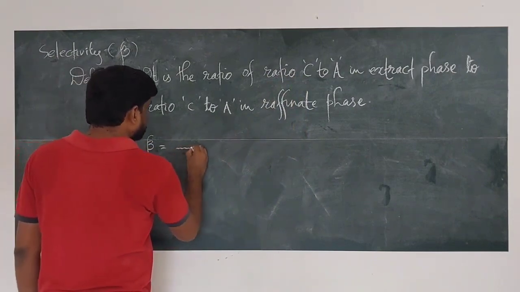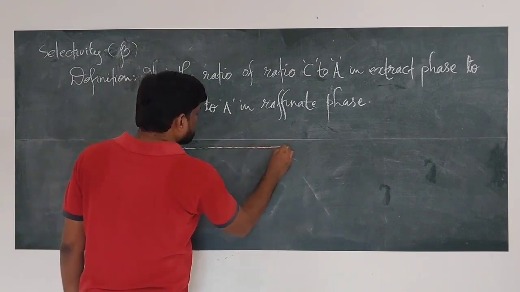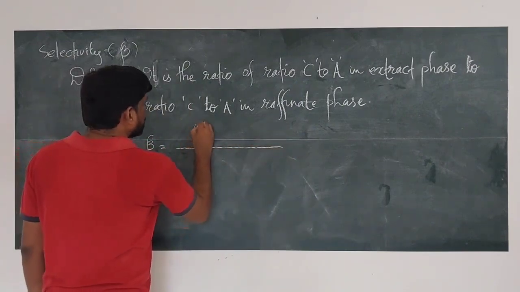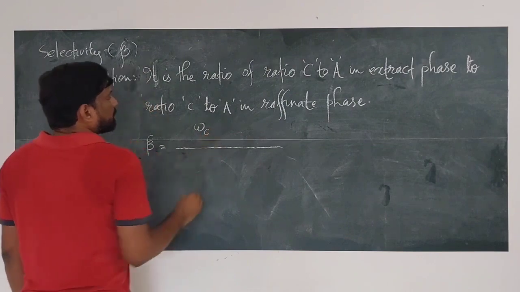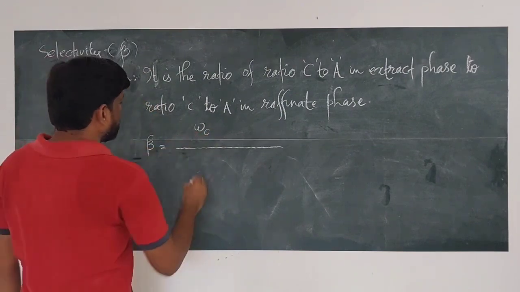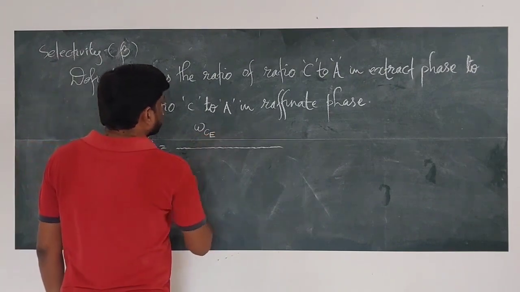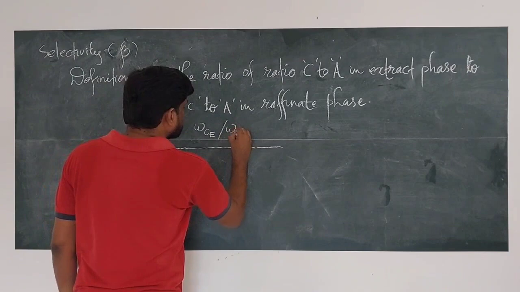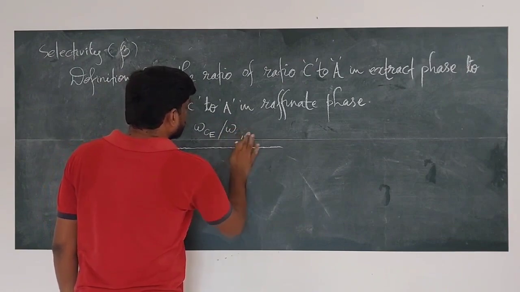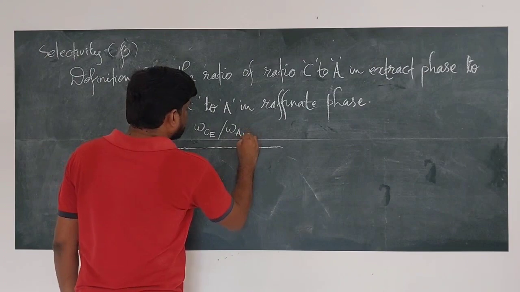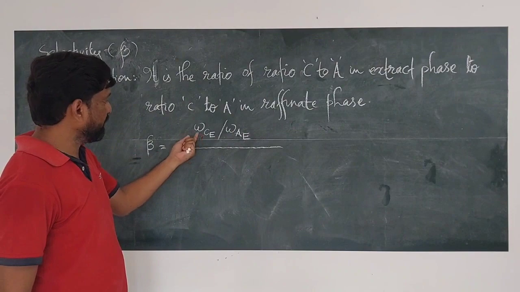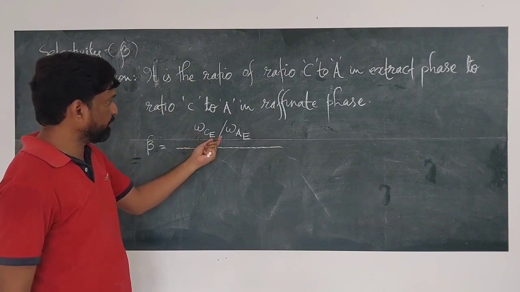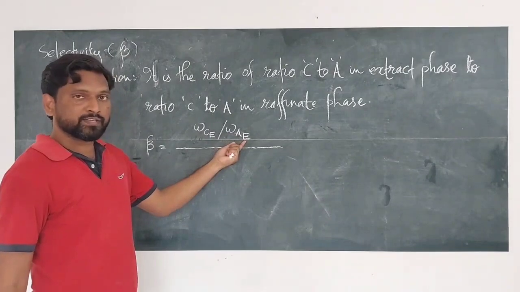This means it is WCE upon WAE, that is the weight fraction of component C in the extract phase divided by the weight fraction of component A in the extract phase.